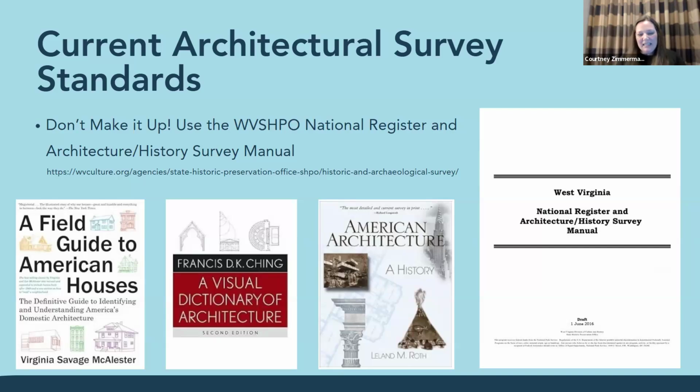You have to use the guidance, or you're not going to give them what they want and you'll have to do it again. And here are some of our favorite resources that we use when we're completing these forms, filling out all the information about each building. Next.